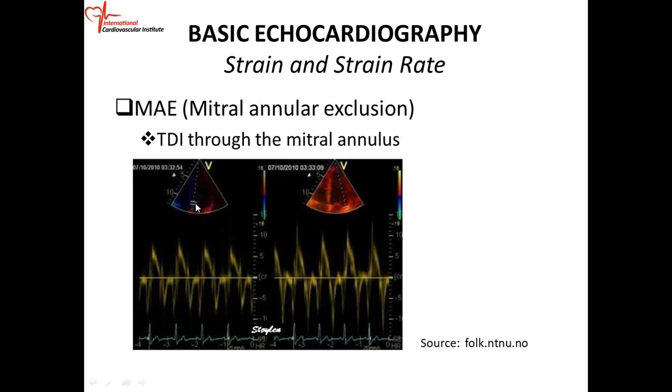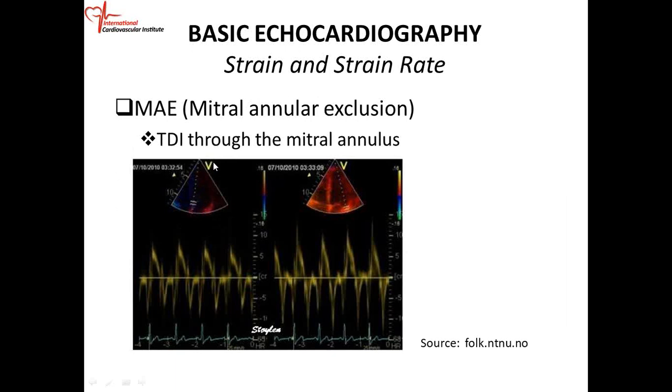Okay, but anyway, so again, if you look up top here, you have your apical four-chamber view, and your cursor is at the medial mitral annulus, and you press it. Of course, you're going to get your S prime because in systole. So these are our velocity measurements. So in systole, the base of the heart moves up.